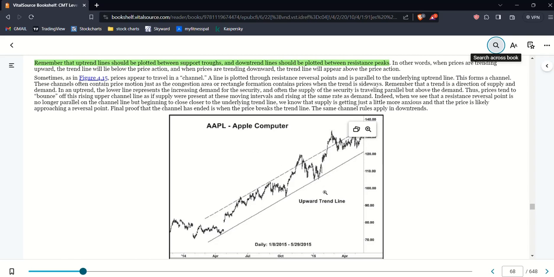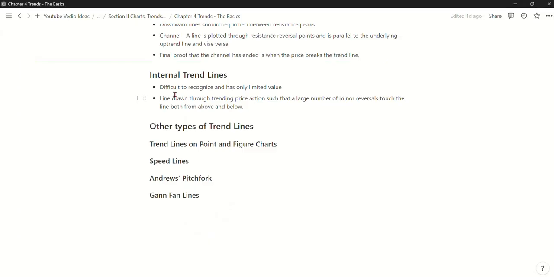In case of downward trend, it will be opposite. Channel: a line is plotted through resistance reversal points and is parallel to the underlying uptrend line, and vice versa. For the uptrend, we'll connect the resistance reversal points, and this is called a channel. Final proof that the channel has ended is when the price breaks the trend line.